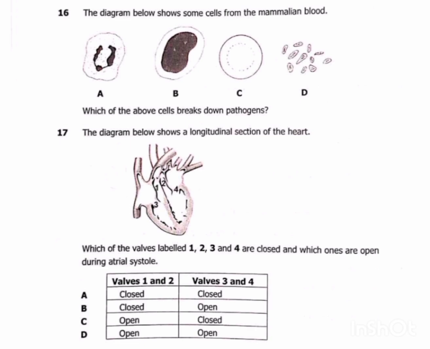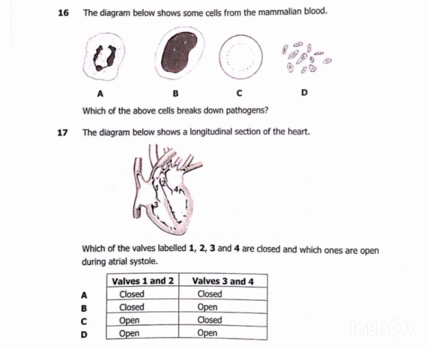So for the sake of revision, we're going to look at the function of each cell. A, the phagocyte white blood cell, its function is to engulf pathogens and break them down.